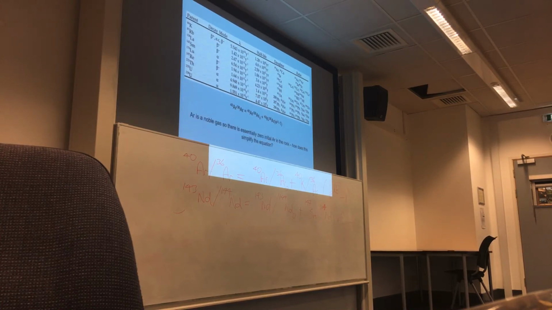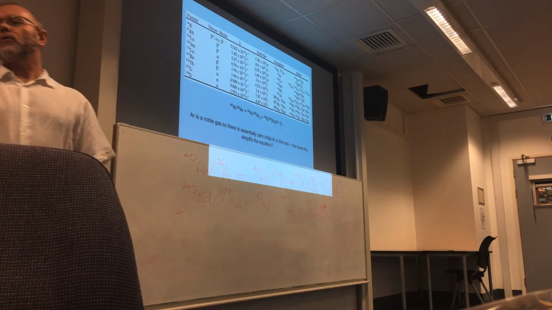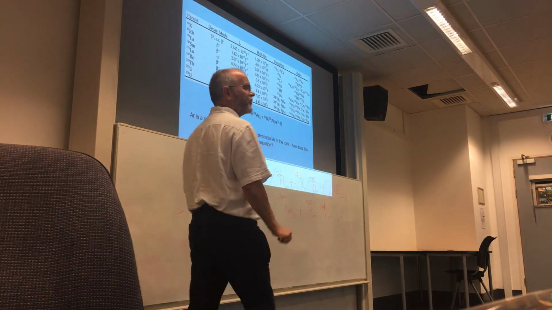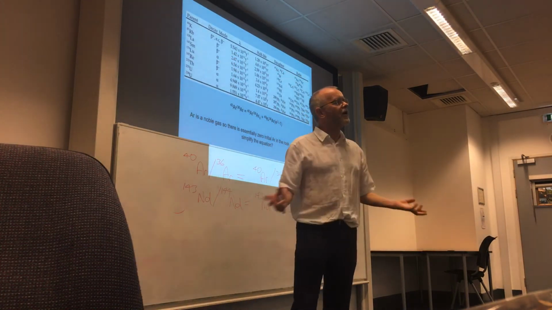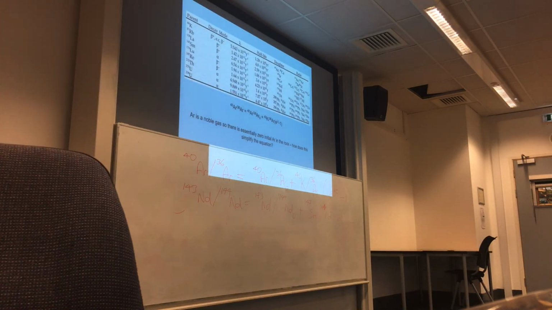Okay, so for this system, I said argon's a noble gas. So when a mineral first forms, there is essentially zero argon in that mineral, because as mentioned, argon doesn't like to form bonds.